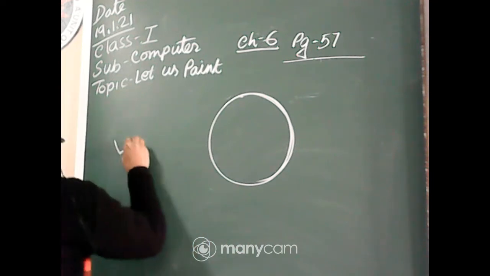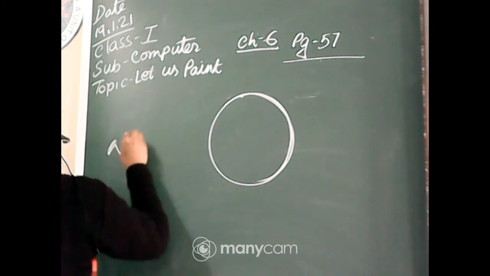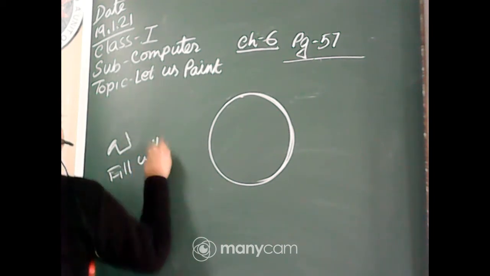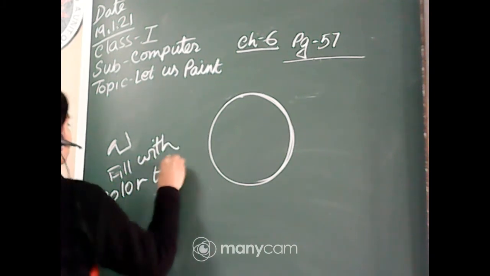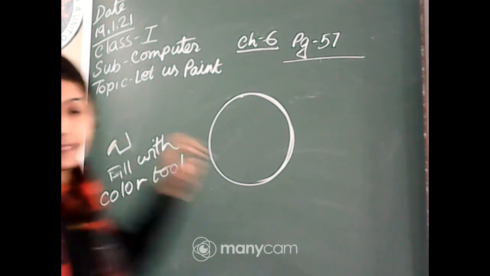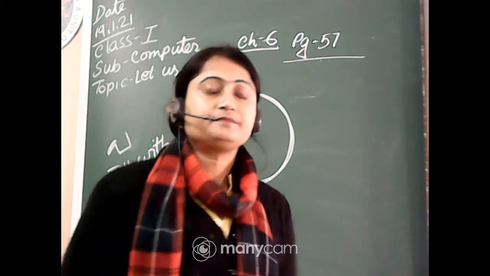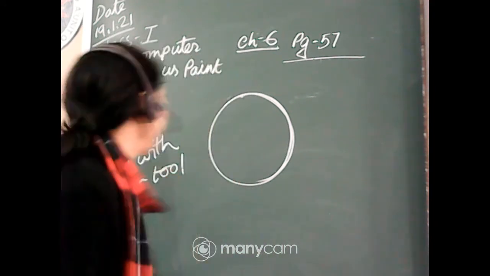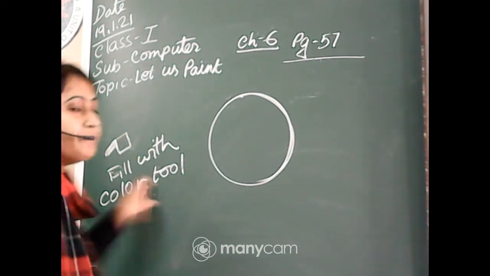This shape is called the Fill with color tool. You have to choose this tool from the Tools group. After choosing this one, you have to bring the pointer.